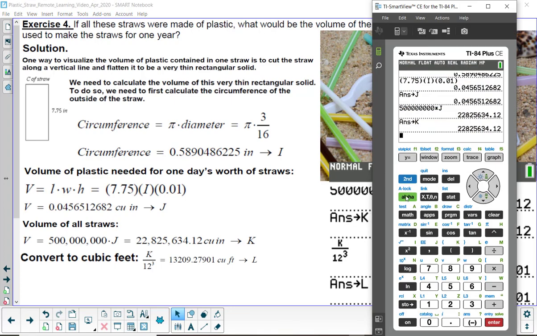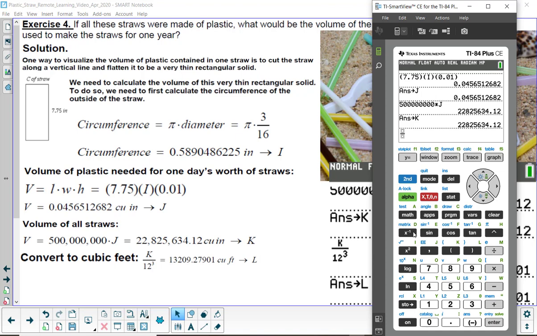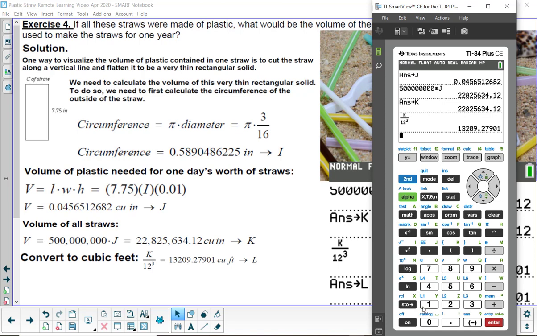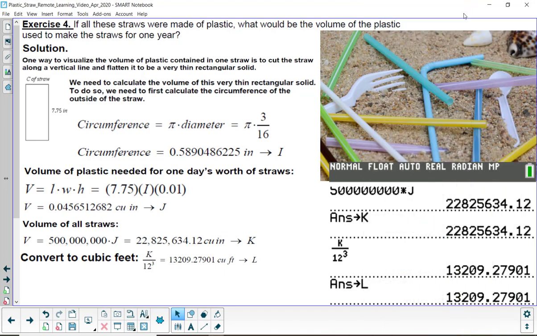So let's go ahead again. We need to have a fraction template. Alpha K is where I have the value stored, and I want to divide that by, down in the denominator, 12. The caret is the exponentiation key to the third power. And we're going to store that into alpha right parentheses. So it looks like that.